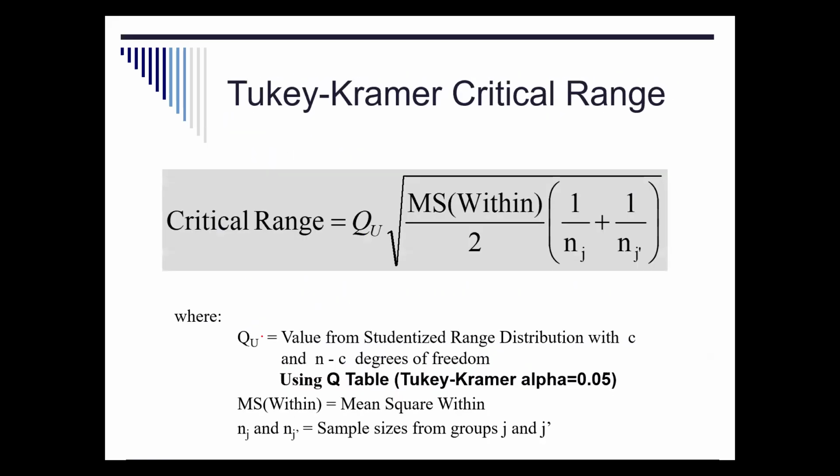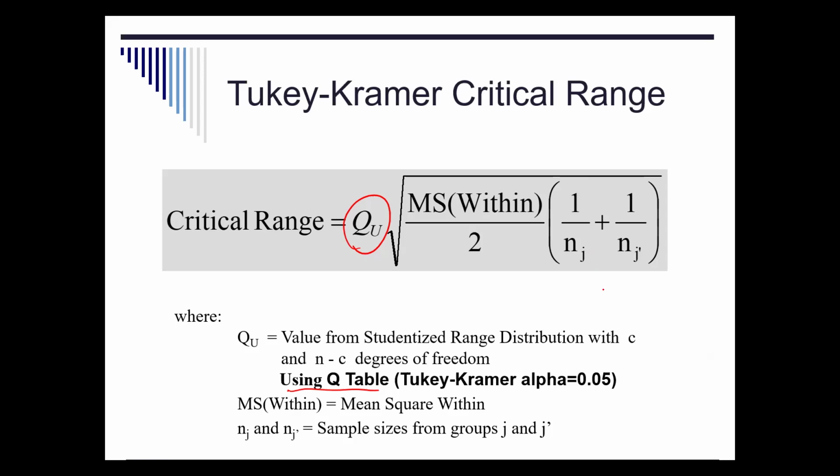So this is how we decide the critical range. We're going to need a Q table, the Q U value. Using the Q table, the mean of square within from the ANOVA outputs, and n_j, which will be the number of items in one of the categories, like club 1, which is 5.